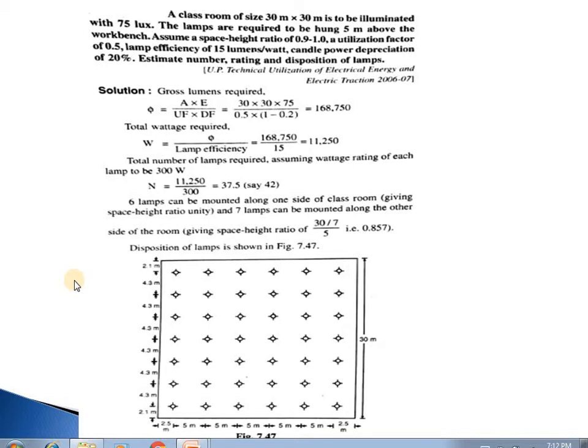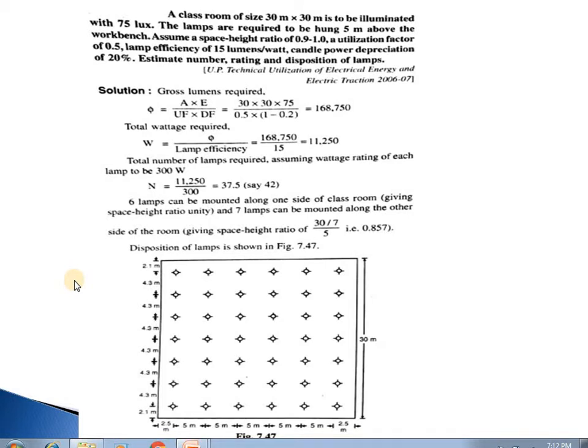The lamps are required to be hung 5 meter above the workbench, assuming a space height ratio of 0.9 to 1, a utilization factor of 0.5, lamp efficiency of 15 lumens per watt, candle power depreciation of 20%. Estimate the number, rating and disposition of lamps.